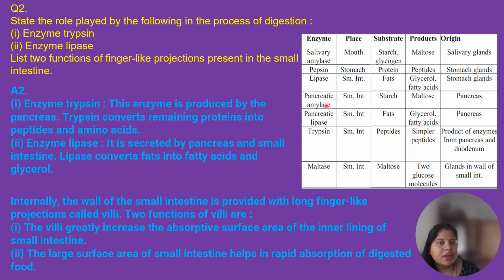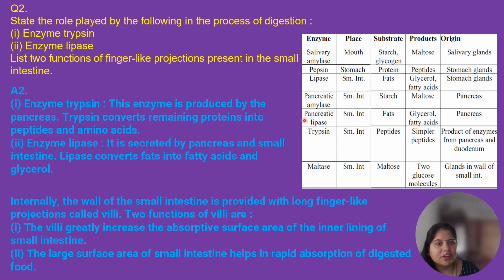This pancreatic amylase works on starch and converts that starch into maltose. Next enzyme is pancreatic lipase. This lipase is secreted by pancreas in the small intestine and converts fats into glycerol and fatty acids.